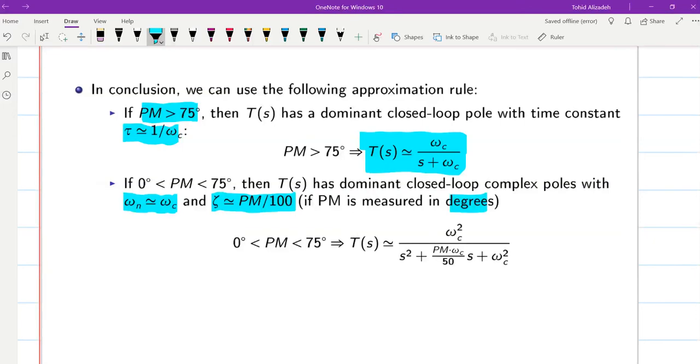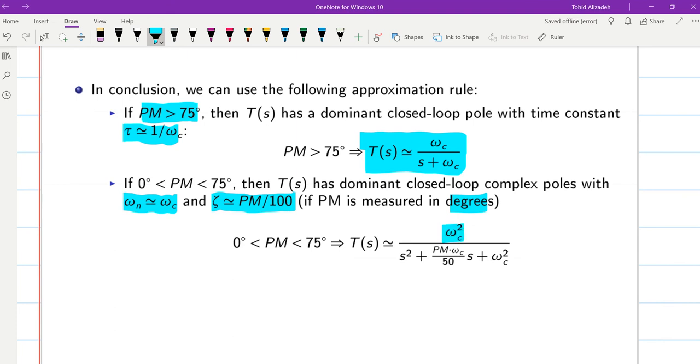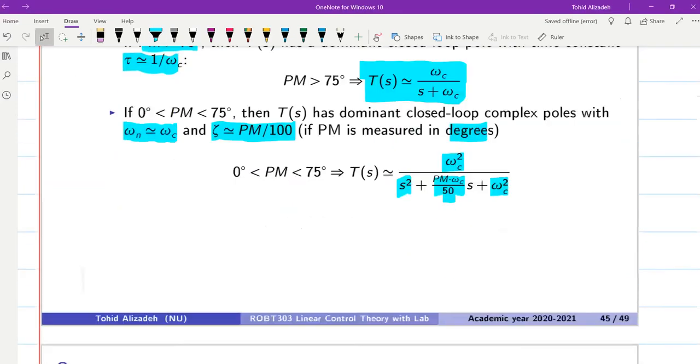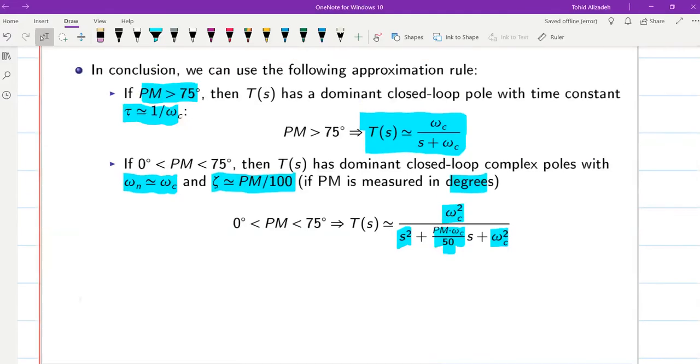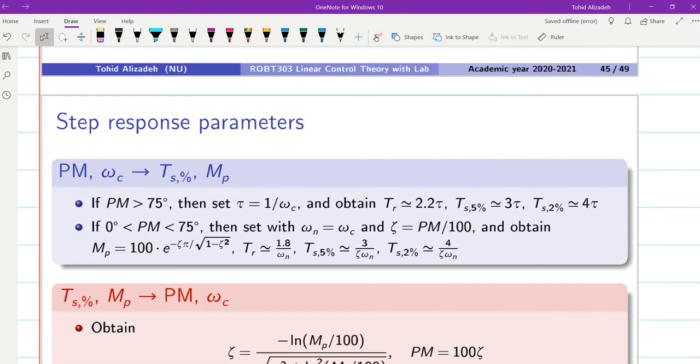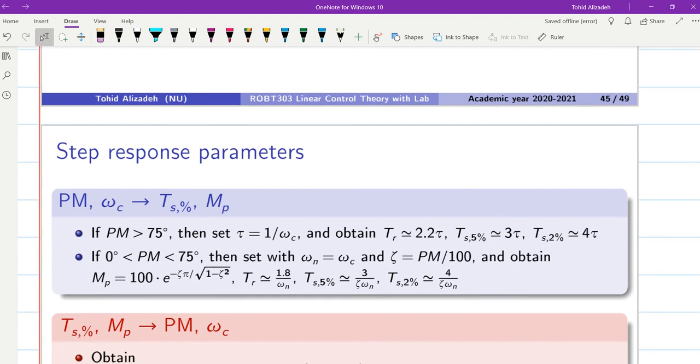And therefore the transfer function for the closed loop system T of S will be equal to omega c squared over S squared plus phase margin times omega c over 50 times S plus omega c squared. So depending on the value that we have for the phase margin, we will use one of these two approximations. And now that we have an approximate transfer function for the closed loop system, we can guess the values for the step response parameters.